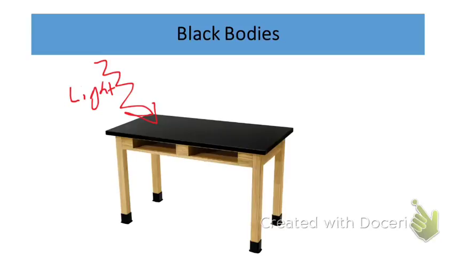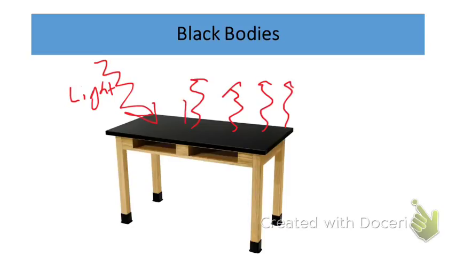So this table is absorbing all the light, but that light that's being absorbed is causing the atoms in this table to vibrate or oscillate. And as those atoms are oscillating, they're going to emit electromagnetic waves from this table. But what are those electromagnetic waves?